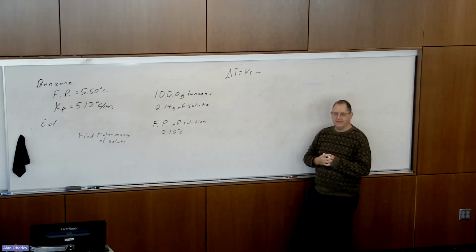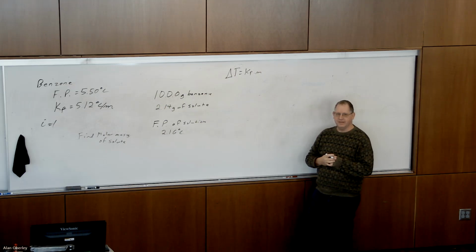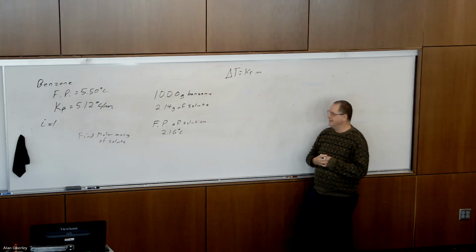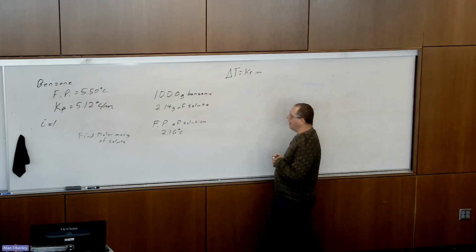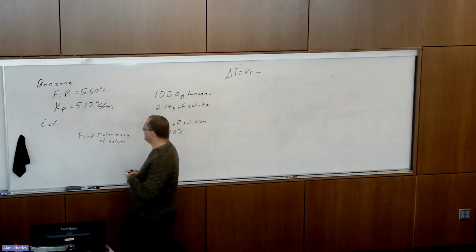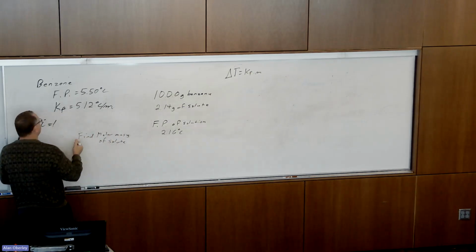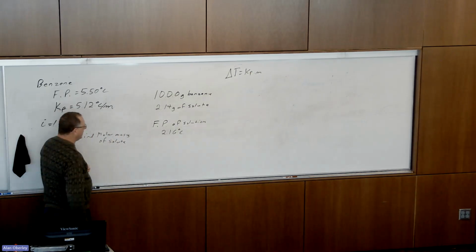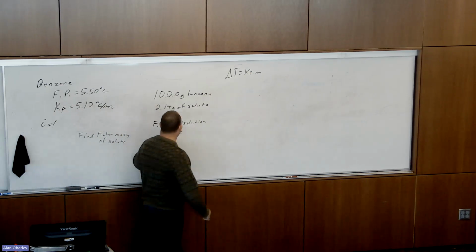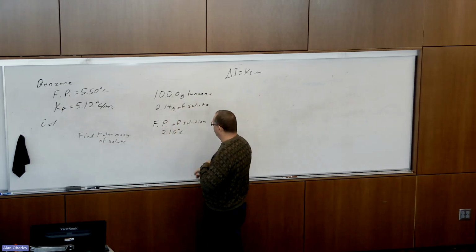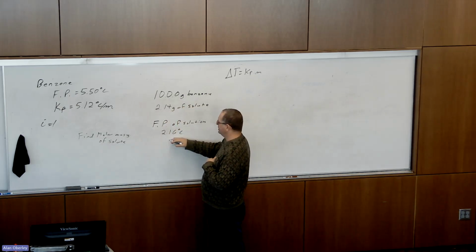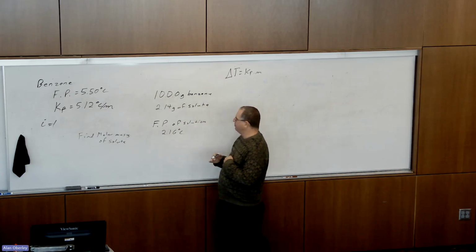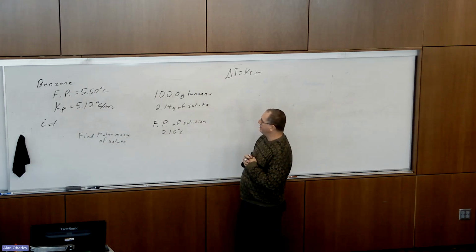Okay, so can I find delta T? How do I find delta T? I subtract the two freezing points. Now, remember, my delta T is actually going to be 2.96, is that right?